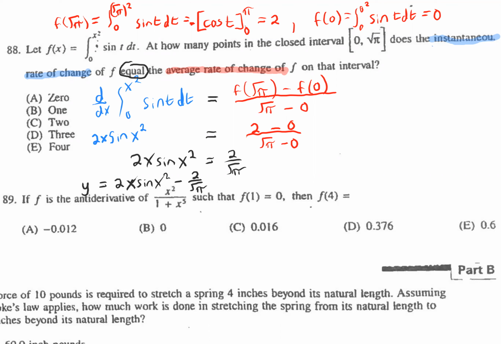I'm going to hit graph. I'm going to change my window to go from 0 to square root of pi. So my x min is 0, my x max is square root of pi.